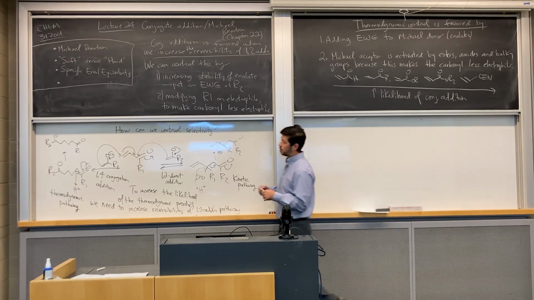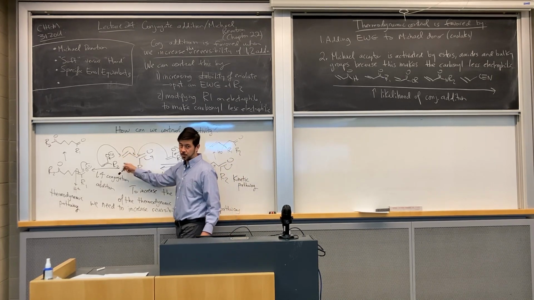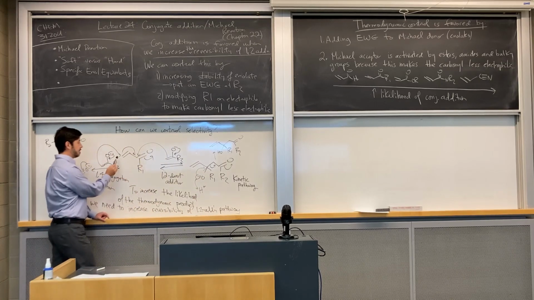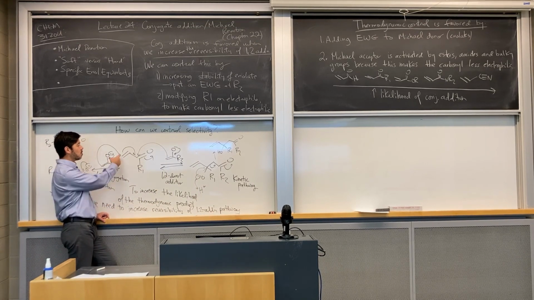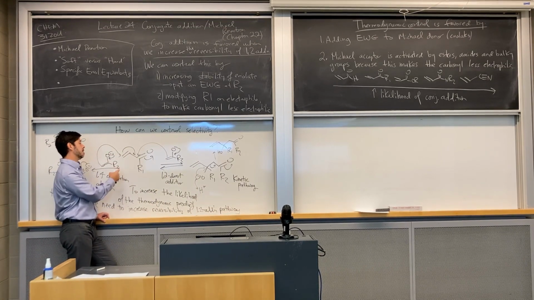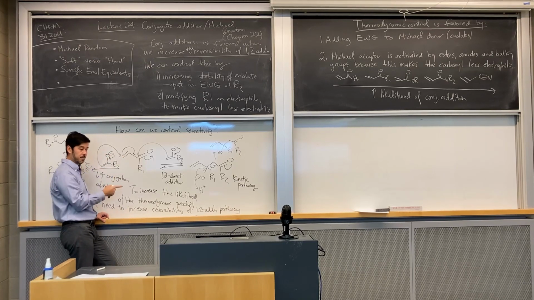We've already talked about making this like esters or bulky, but what about this portion of the molecule? So if you want this reaction to occur at this carbon here, you want to keep this unexposed as much as possible. So you don't want to put a lot of bulk here because then you're going to have steric clash and it's going to be hard to get reaction occurring here.